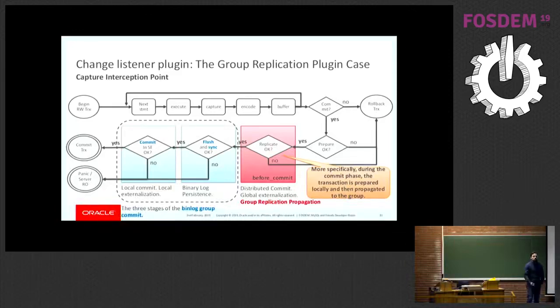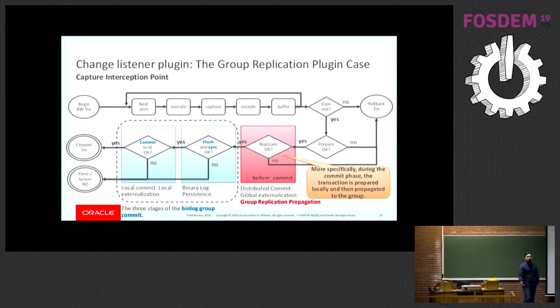Committing into the storage engine means we externalize to the SQL layer what has been changed. So all logs are released, and now you can see you have a different view of the data. When we flush and sync to the bin log, it actually means that we externalize for consumers of the bin log.